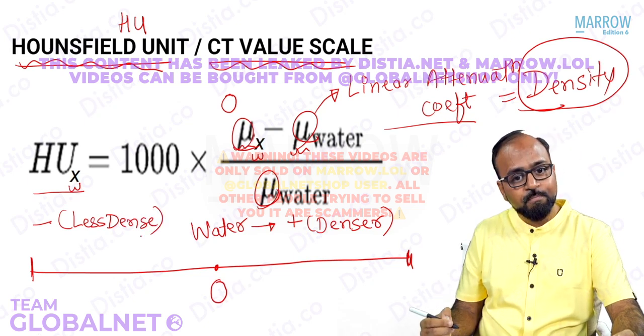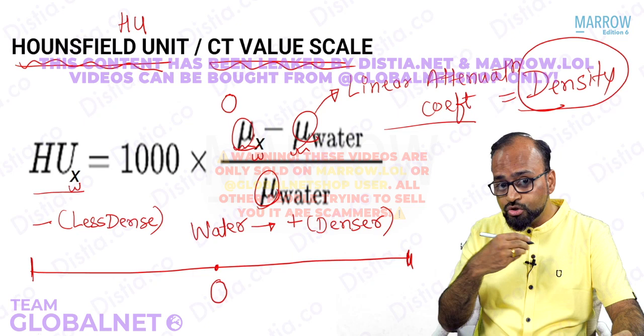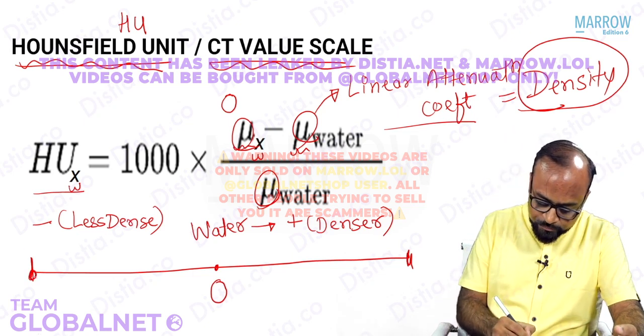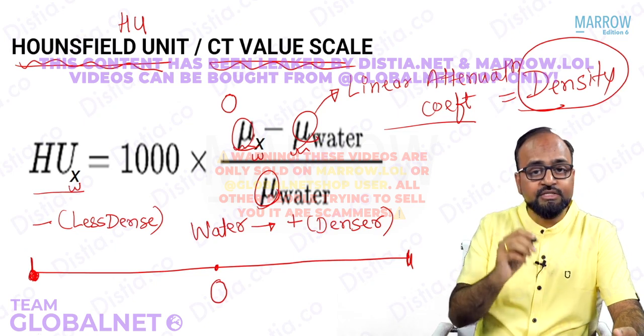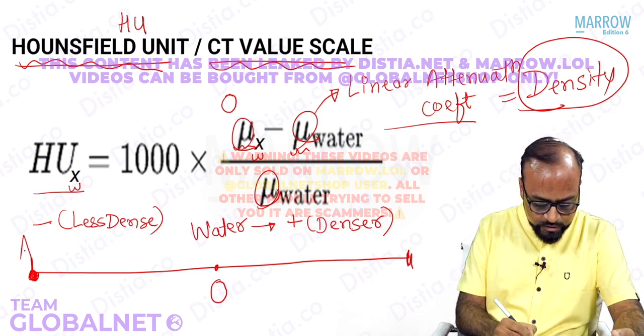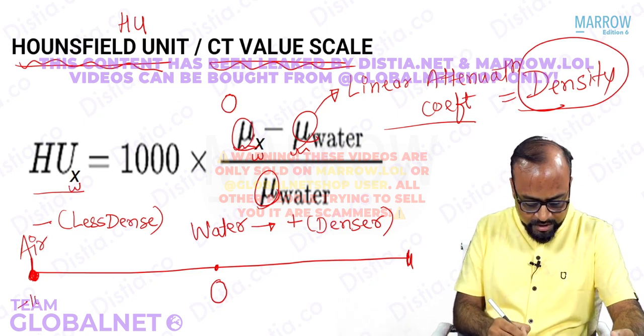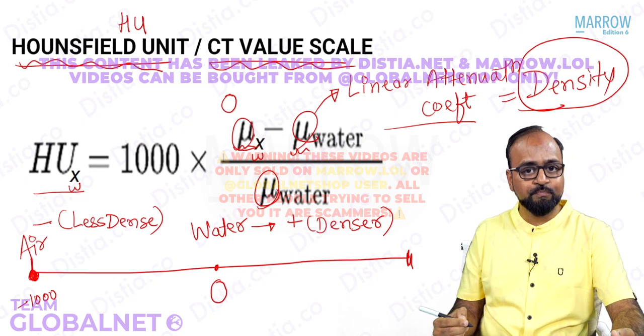Let us start from the negative most extreme. On the negative most extreme lies the least dense tissue in the body. What is that? It is air. It has a Hounsfield unit value of minus 1000 HU.